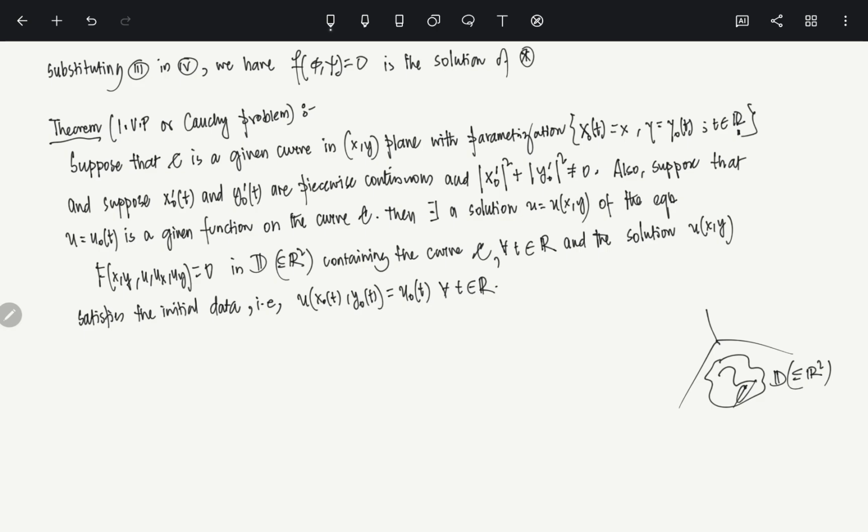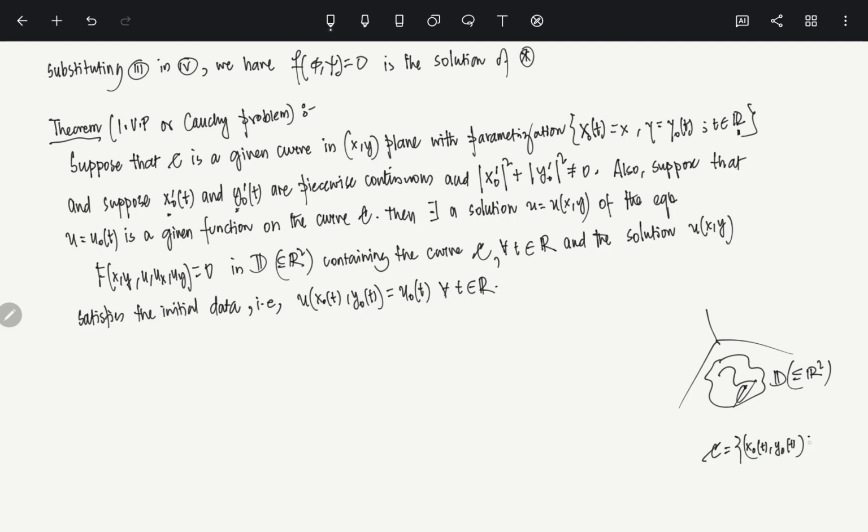Okay. So now what do we expect out of the curve? See, first of all, we expect that it is piecewise continuous. Is it okay? We expect that the derivative of the curve is piecewise continuous. See, any C, how do you write it here? In this case, we are writing as x naught of t, y naught of t.